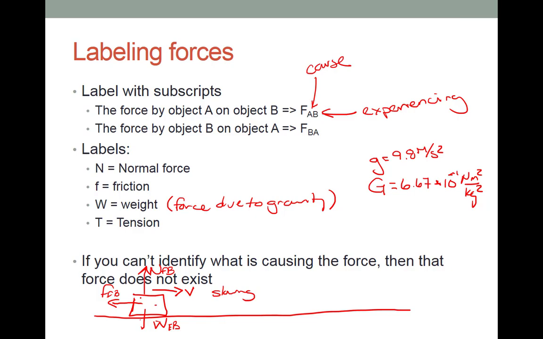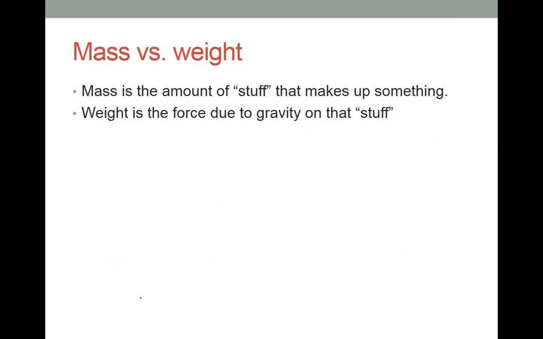Okay. Quick comment. A mass, or a measurement of mass, is a measurement of the amount of stuff that goes into making up something. It's a really not scientific sounding definition, but I really haven't seen a lot of better ones, right?